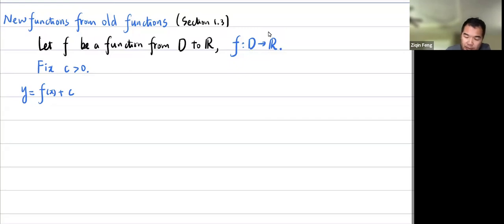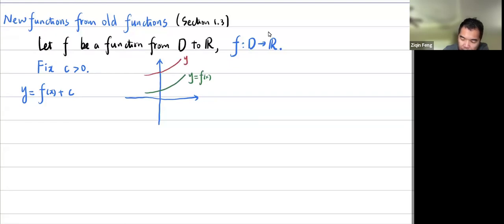If you make a connection between the original graph and the new one, suppose the green one is the graph of y equals f of x. If you plot c in the y coordinate, the new function is basically shifting up by c.